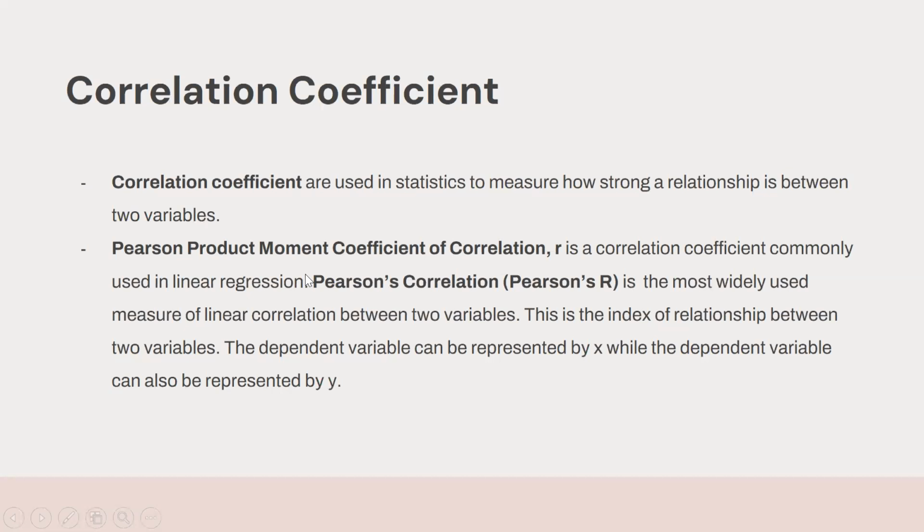Okay? So sa Pearson's R correlation, ang pinag-aaralan natin ay yung relationship between two variables. Kung gaano ba ka-strong yung relationship ng dalawang variables. Okay? So it analyzes the relationship between the variables. So sa pamamagitan ng Pearson R, pwede nating ma-determine or malaman kung gaano ba ka-strong yung correlation ng mga variables natin.